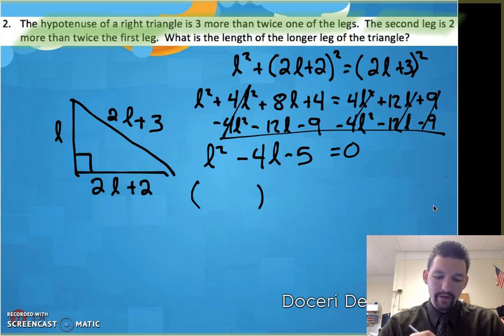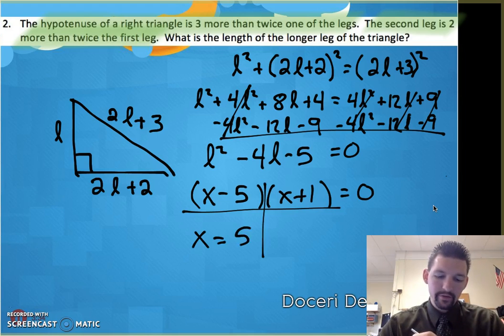We can then factor that. If you prefer to use the quadratic formula, you can do that also. We'll have (L minus 5) and (L plus 1). So L is 5 or L is negative 1. I'm sorry, I switched to x's there. These are L's.